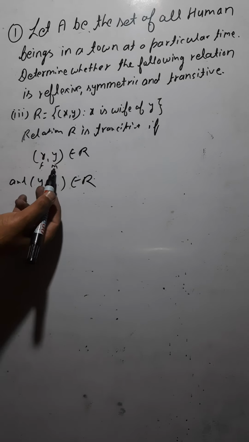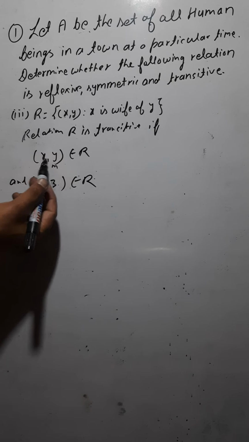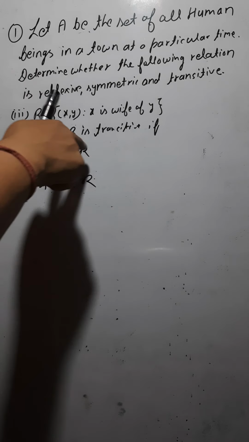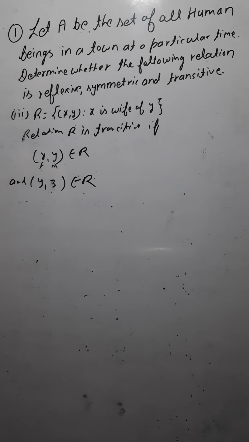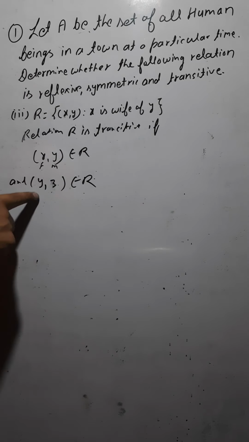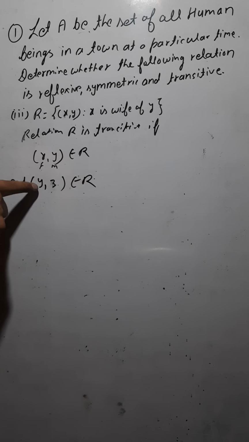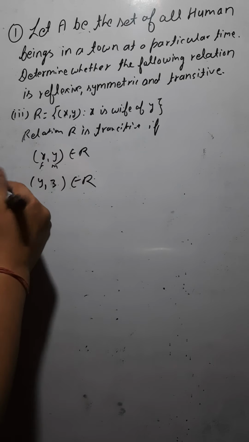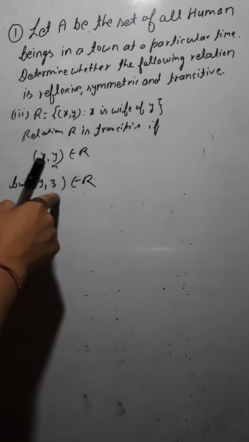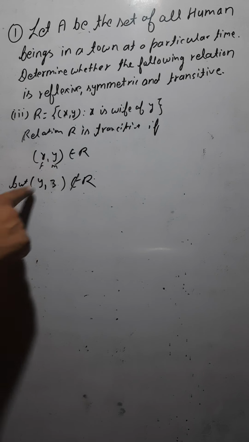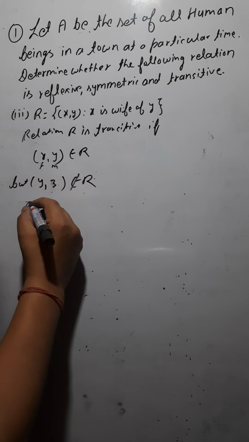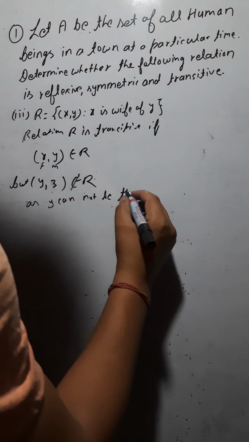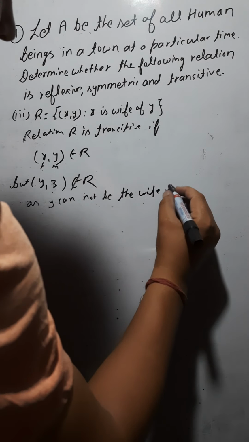So here y is male. The first one is the wife of the second one. So (x, y) is there in R because x is the wife of y. Can y be the wife of z? Because y is male, how can y be the wife of z? Is it possible? No. So (y, z) is not there in R, as y cannot be the wife of z.